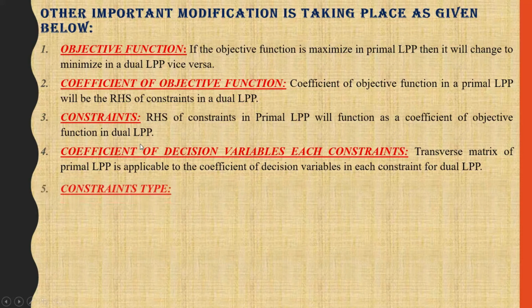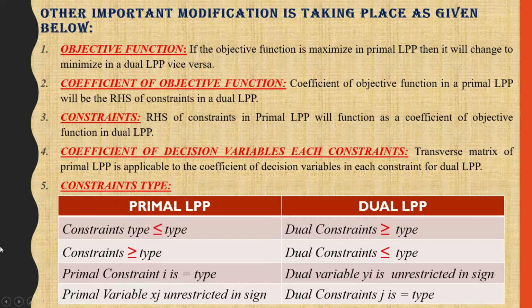And there are some other constraint types. Here I will show you. It's very simple. In a primal LPP and here the dual LPP. If the primal constraint is less than or equal to type, then the dual constraint will be greater than or equal to type.